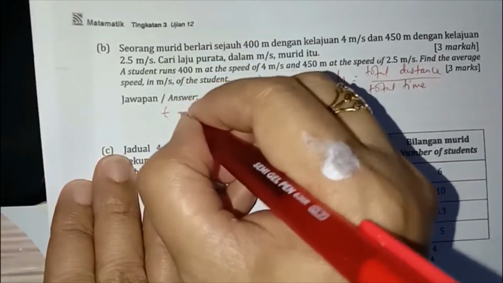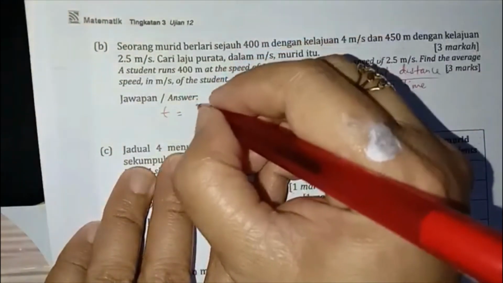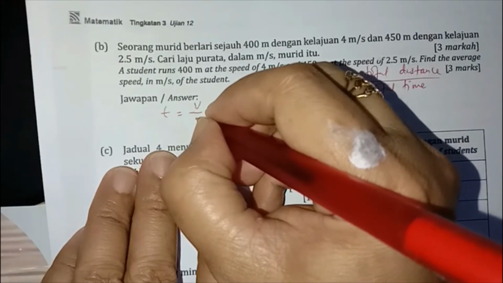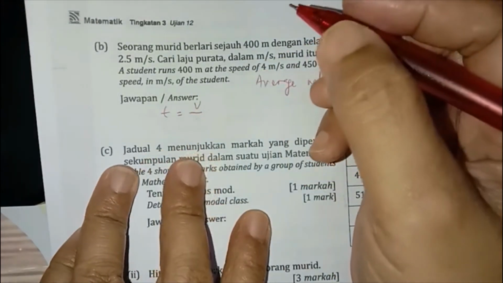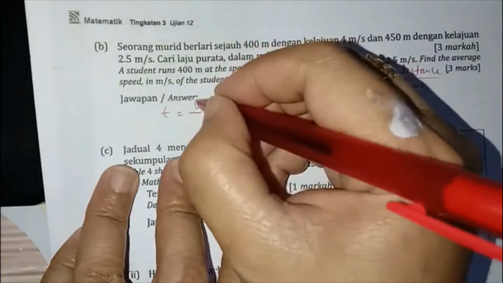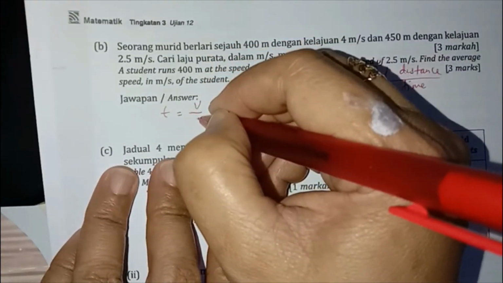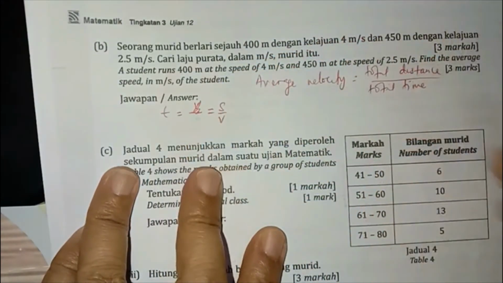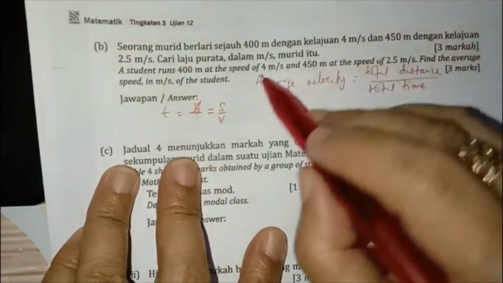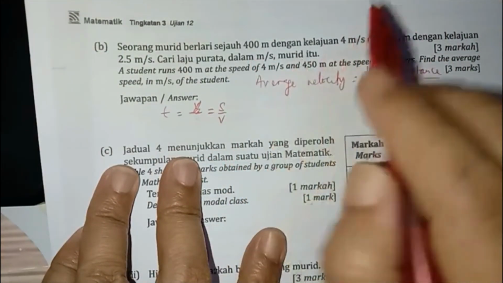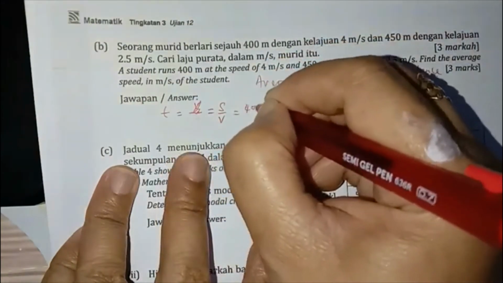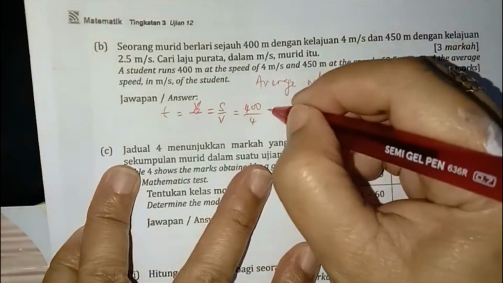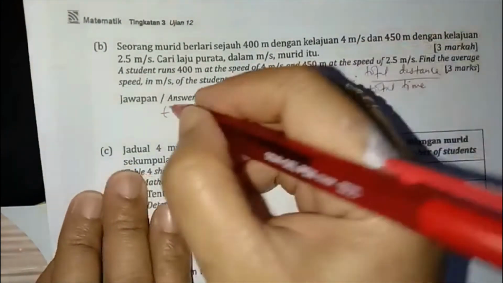So time taken equals to S divided by V. Okay, so for the first one is the 400 meter, 4 meter per second. We get is 100 seconds.